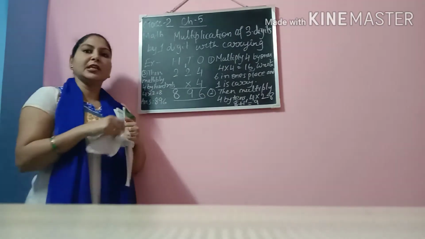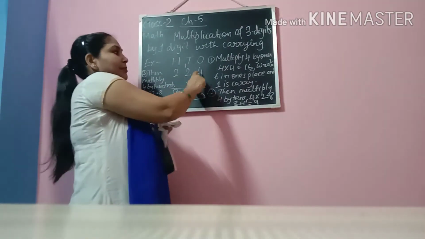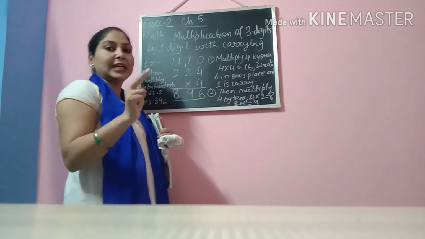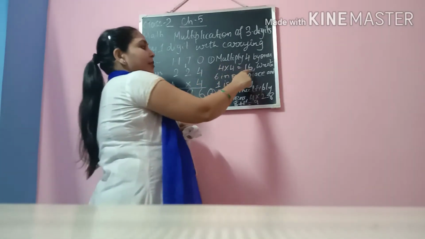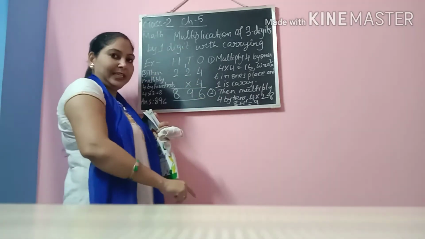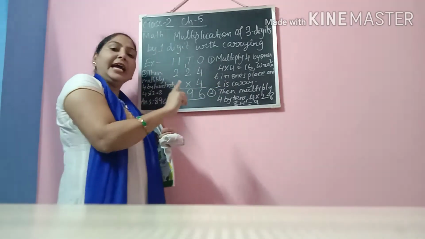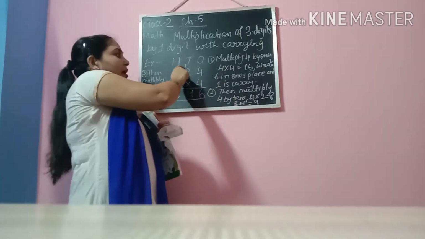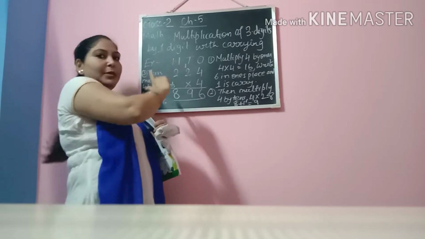Okay, so this is how we have to do it. First we will multiply by the ones place, and if the answer comes in 2 digits, then we will write only the ones place digit in the ones place column, and the 10 or 20, whatever is there in the tens place, we will carry to the next place value.